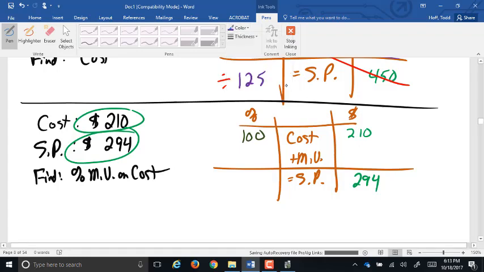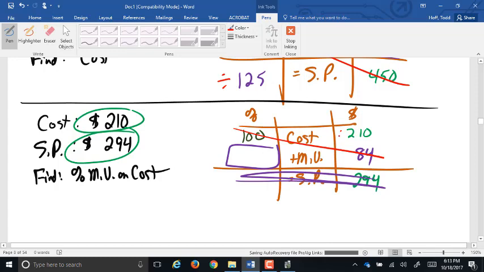We can quickly calculate: 294 minus 210 is $84 is the dollar markup. And then, okay, we are looking for that amount. So yes, we don't need the bottom. Yes, 100 times 84 or 84 times 100 divided by 210 is 40. That's a 40% markup on cost.